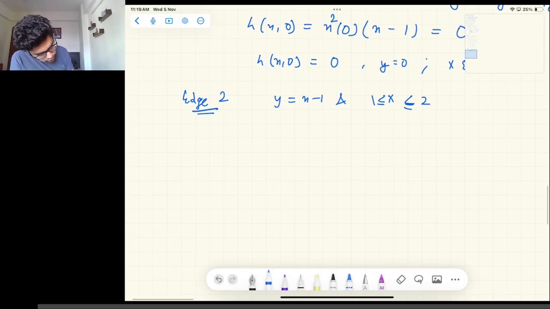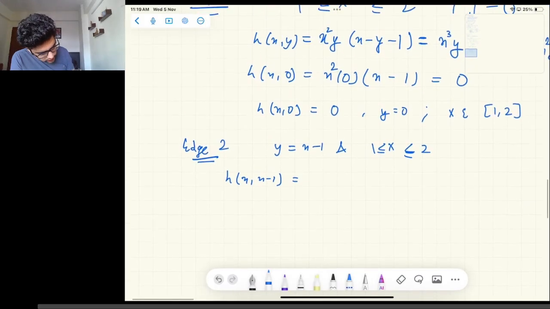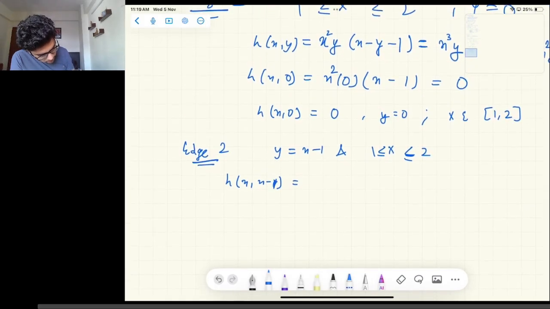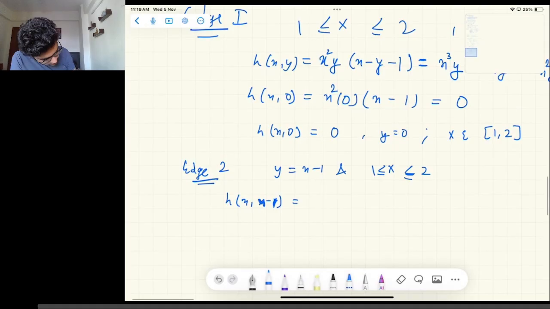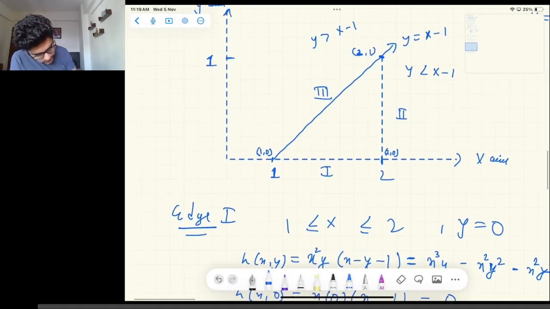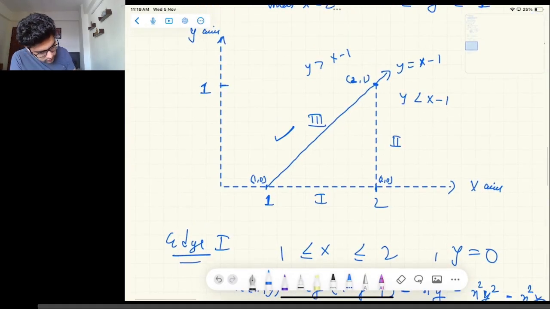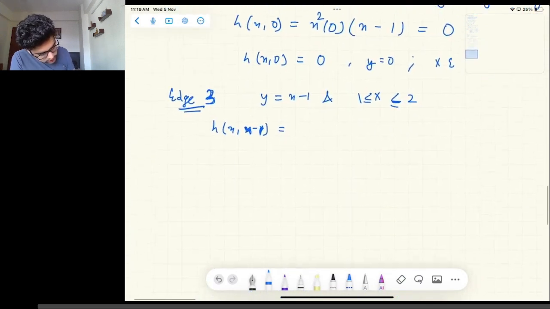So if I put in x comma x minus 1, I'll be putting x minus 1 in place of y. This was the h2, right? Wait, sorry, this is the h3, this line, right? So this line I'm solving first, h3.